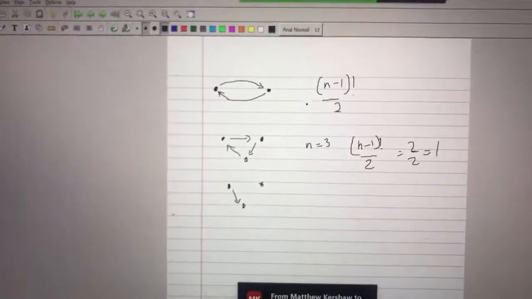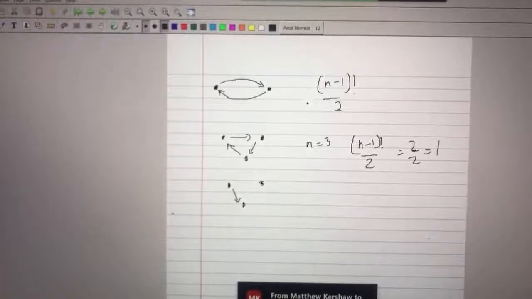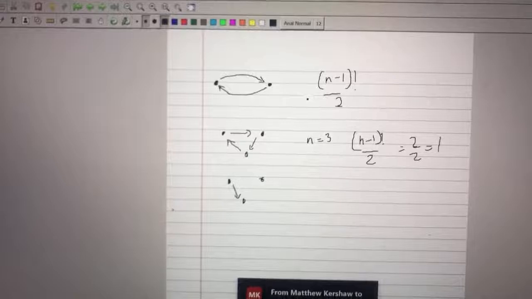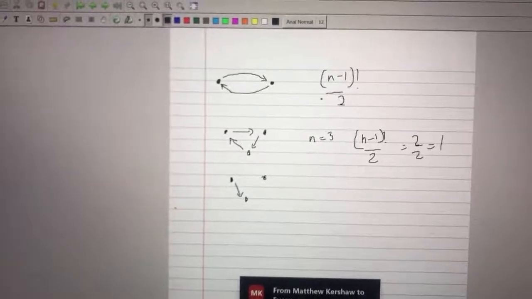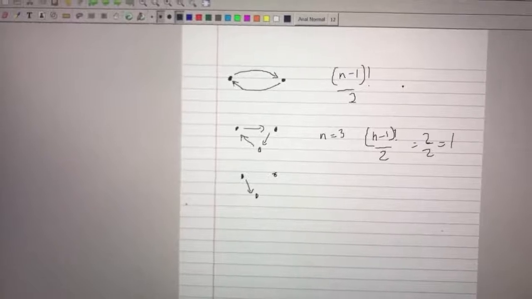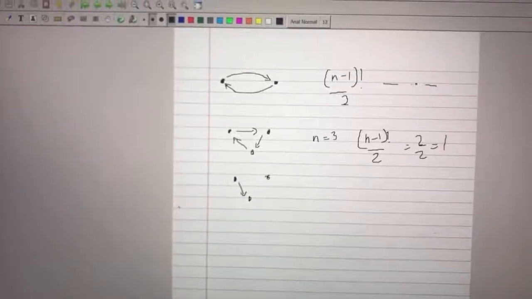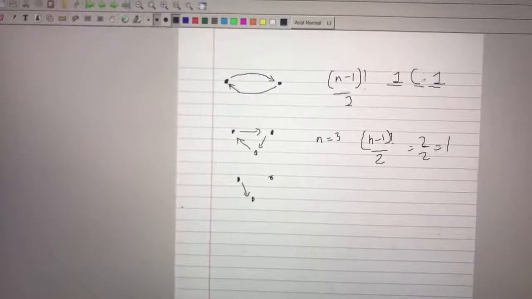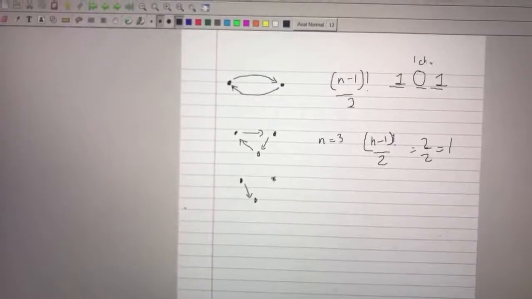Why doesn't it work for 2? Great question. What are we not double counting? n is equal or greater than 3. So we've been to city 1 at the end, and city 2 in the middle is only one choice.